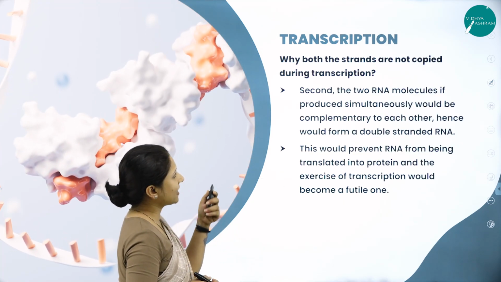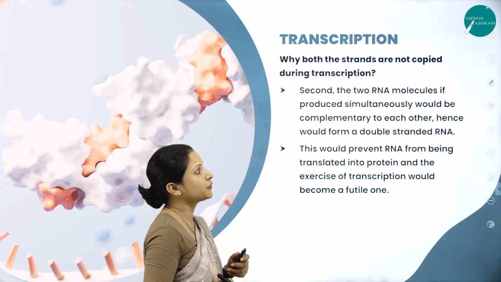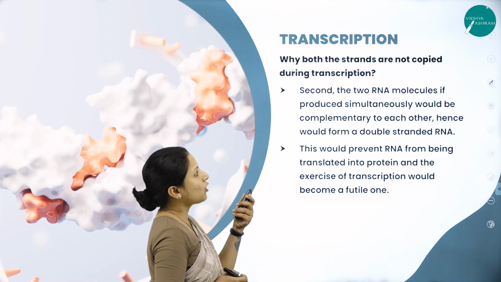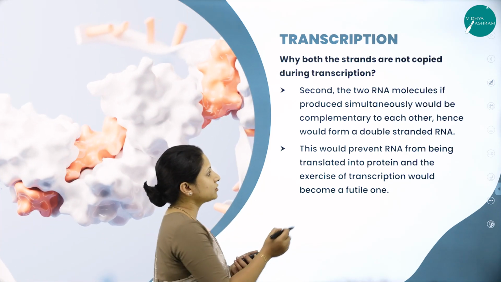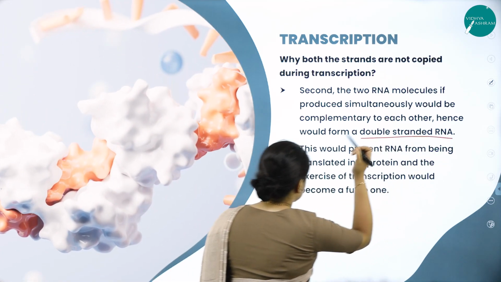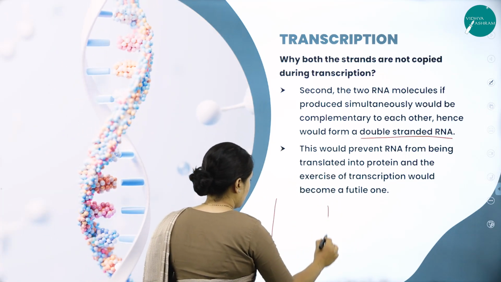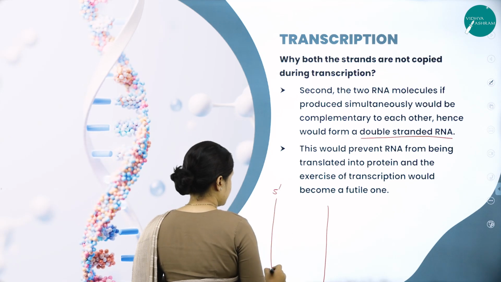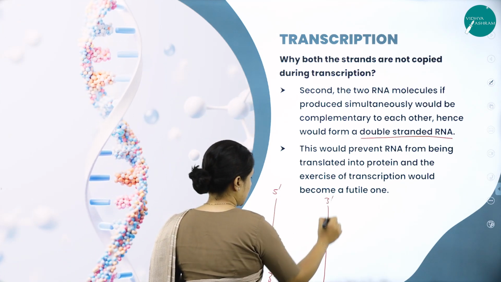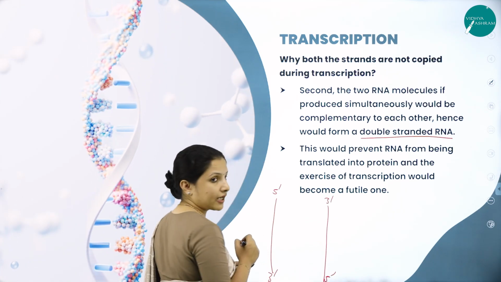The next thing, second, is that the two RNA molecules, if produced simultaneously, would be complementary to each other, hence would form a double-stranded RNA. Now, writing this again, I'll write 5' to 3', the DNA, 3' to 5', again one more DNA strand.